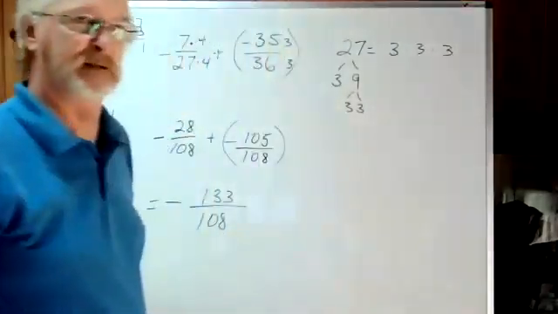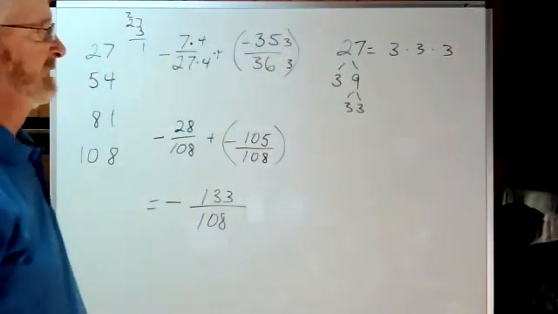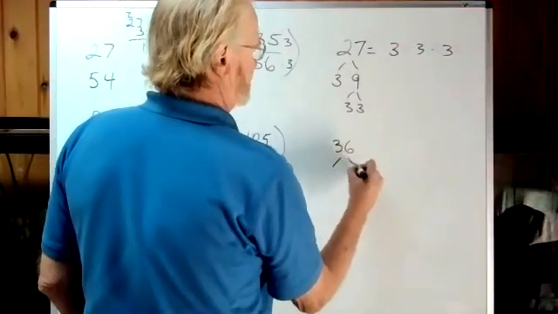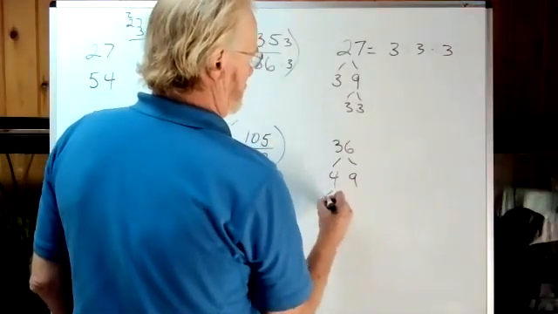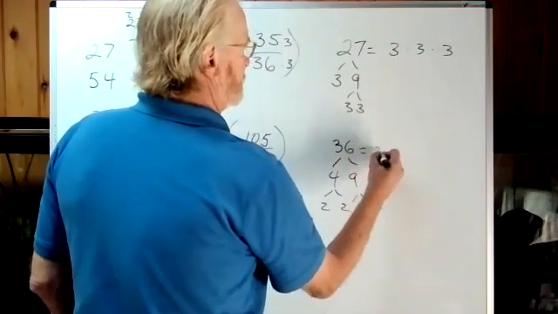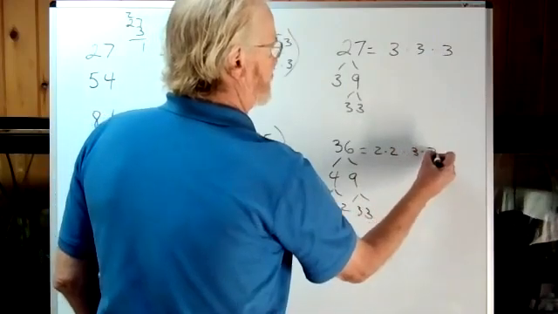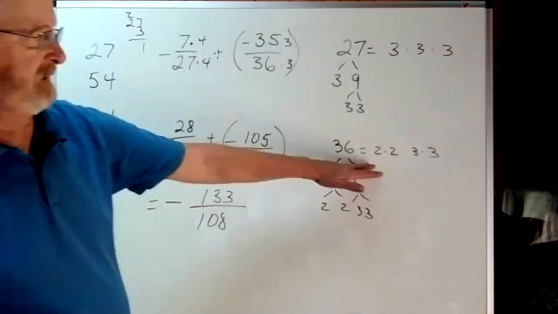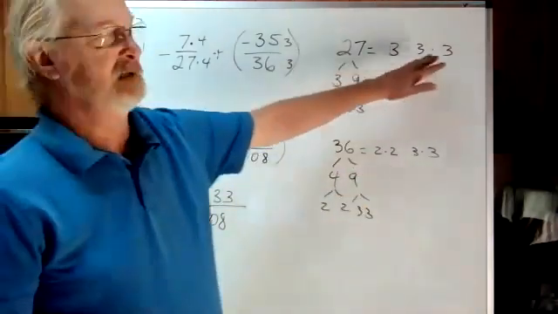It's entirely built out of threes. And 36, well, let's see, how about 4 times 9? But that's 2 times 2 and 3 times 3. So 2 times 2 times 3 times 3. There are all the factors I need to build a 36 and all the factors I need to build a 27.